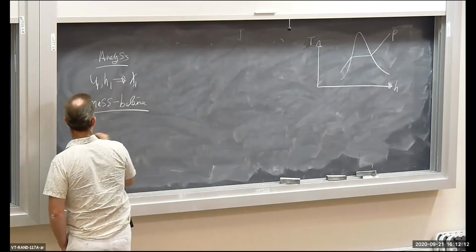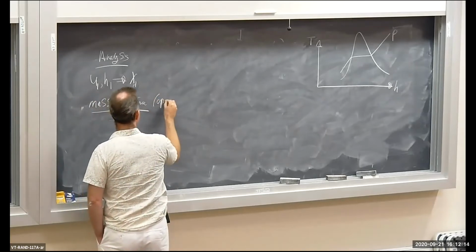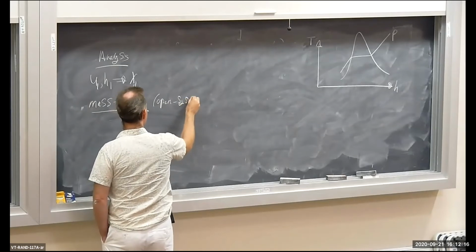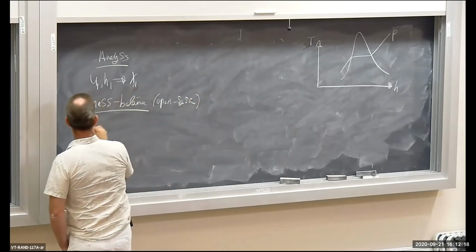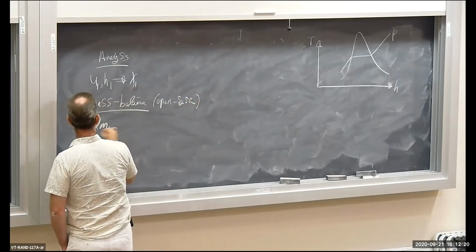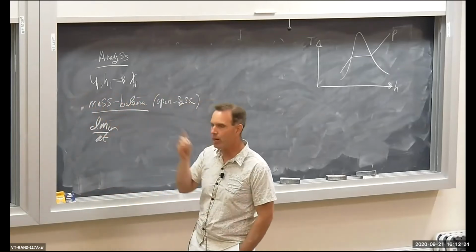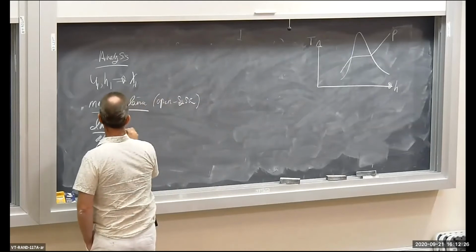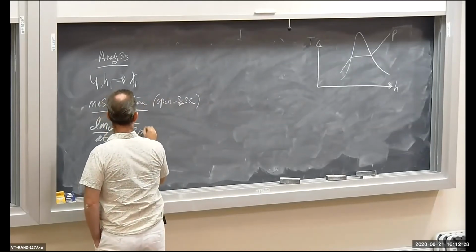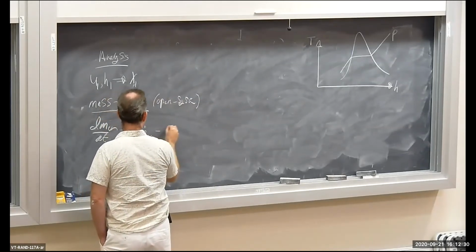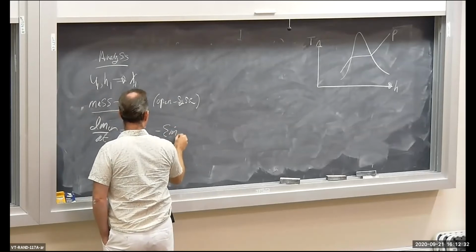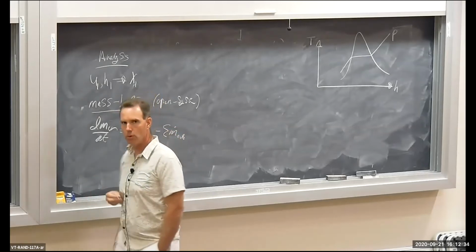So mass balance, open system: dm_CV/dt, the time rate of change of mass within my valve, is equal to the sum of the inlet flows minus the sum of the outlet flows.